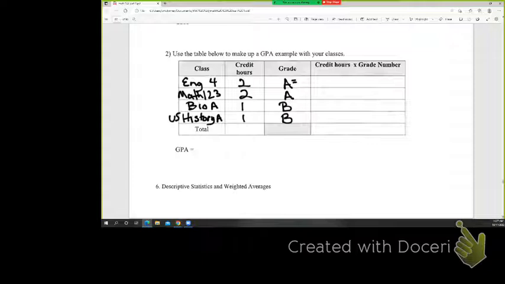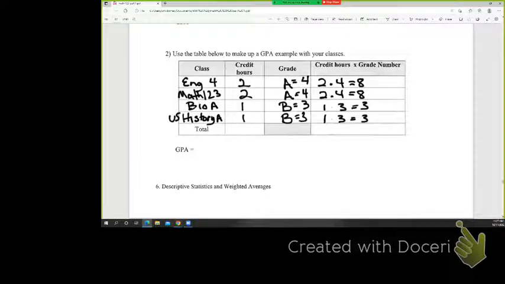So A's are 4, B's are 3. So then you're going to multiply the credit hours times the grade. So 2 times 4 is 8. 2 times 4 is 8 again. 1 times 3. 1 times 3.